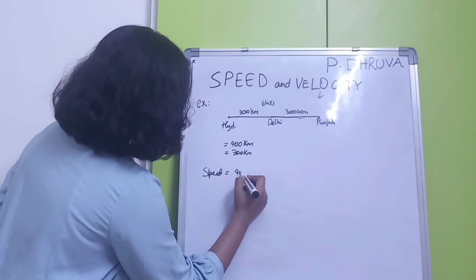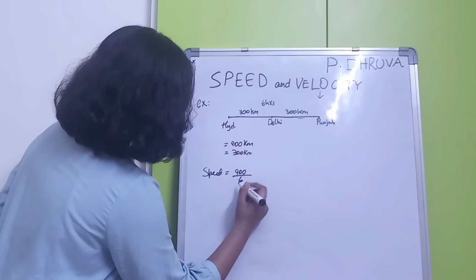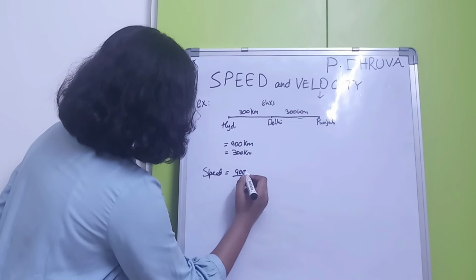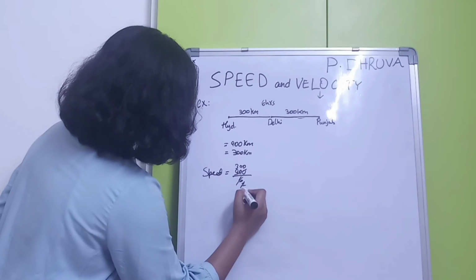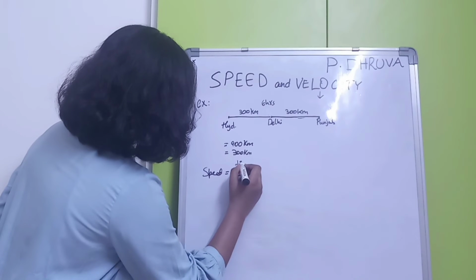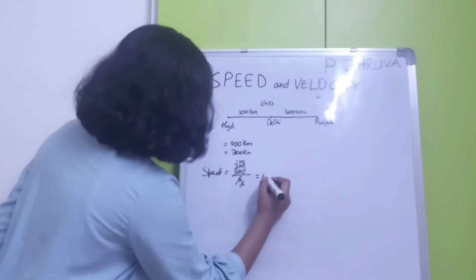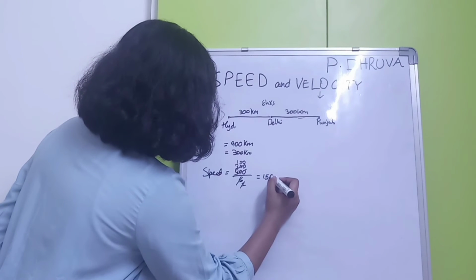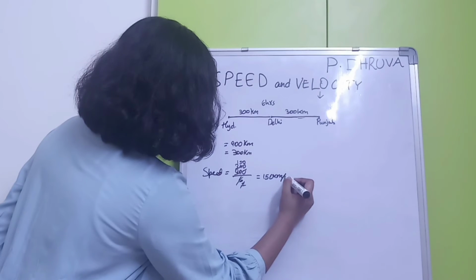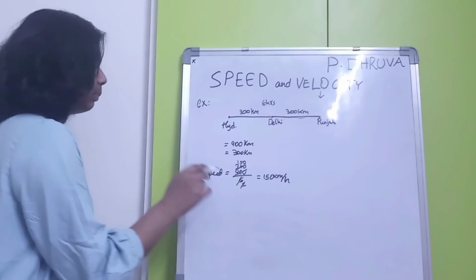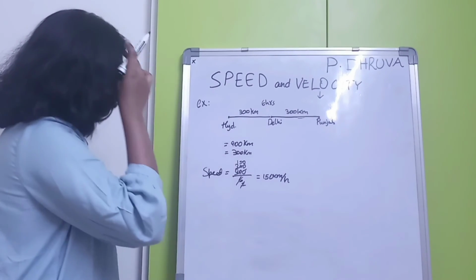Distance by time, 900 by 6. So the speed is 150 kilometers per hour.